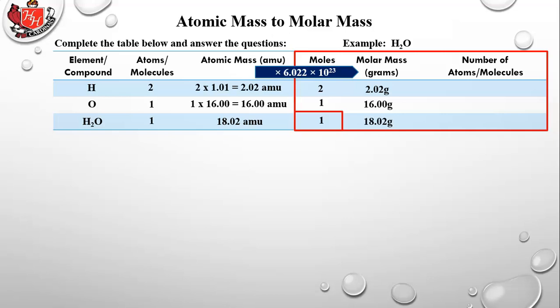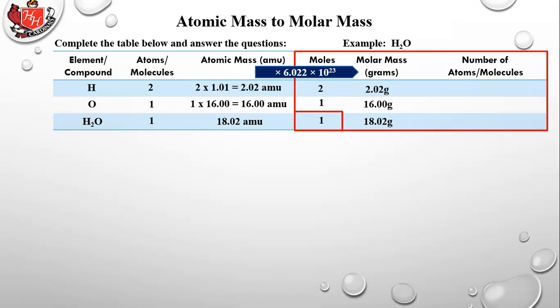Now, there are times we're going to want to know the number of atoms and molecules. And the amazing thing is you can actually know the number of this uncountable number of atoms and molecules called a mole by knowing exactly how many grams you have and what exactly the substance is.